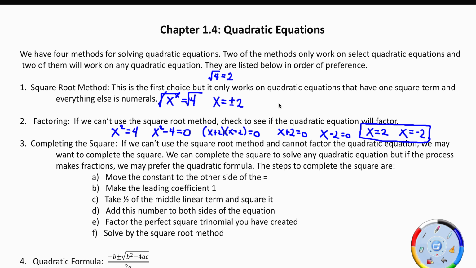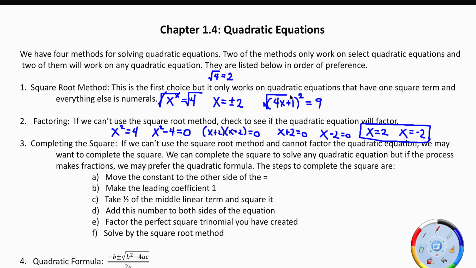Okay, so back to the square root method. Don't forget that we can also use this on any kind of equation where I have one total square term and everything else is numerals. So it doesn't have to be just an x squared.